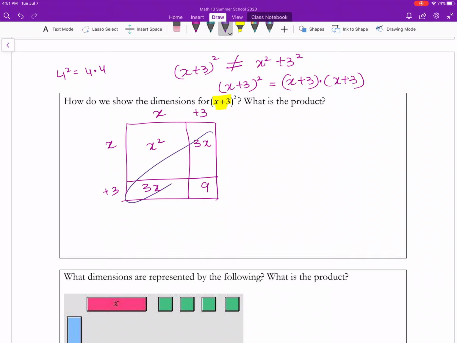Combining the like terms, I get x squared plus 6x plus 9. Therefore, x plus 3 whole square is equal to x squared plus 6x plus 9 and not this one. So that's one important thing.